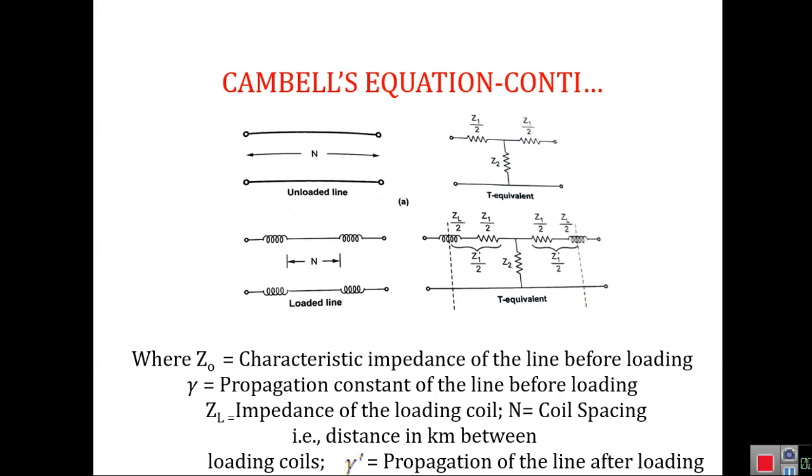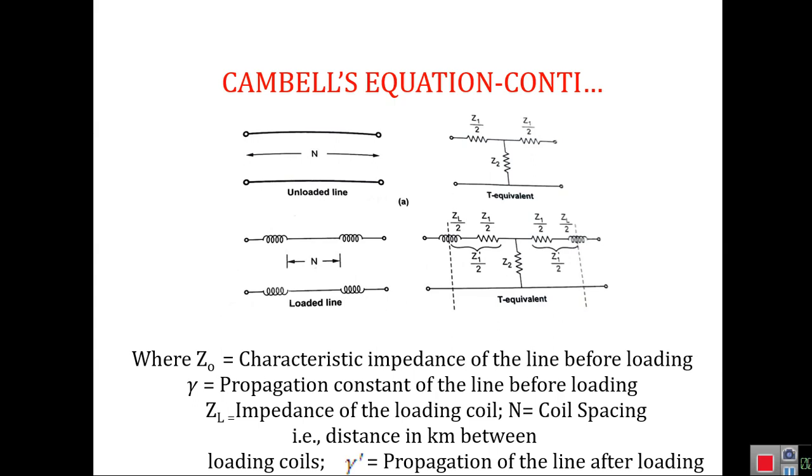After loading, the loaded line T section has the same Z2, but to Z1 by 2 we add ZL by 2, the impedance of the loading coil. Both are in series, so Z1 by 2 and ZL by 2 in series give Z1 dash by 2.